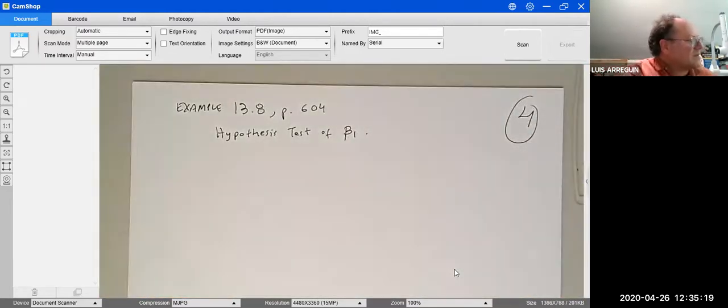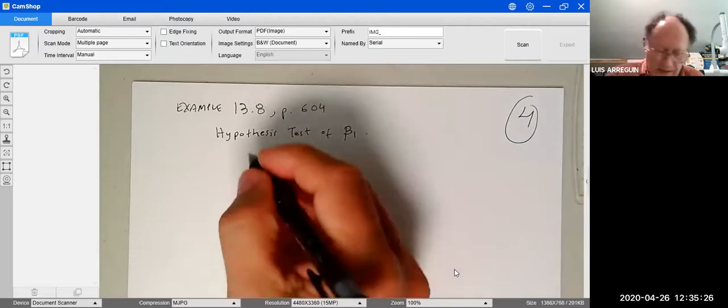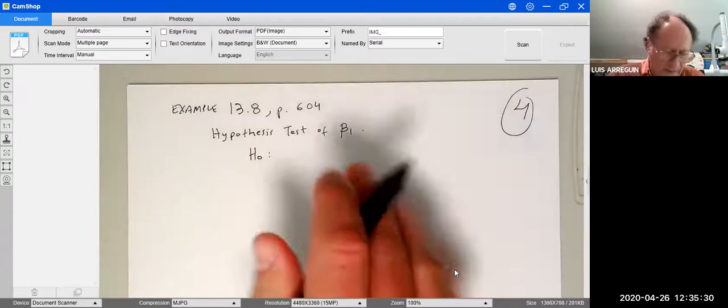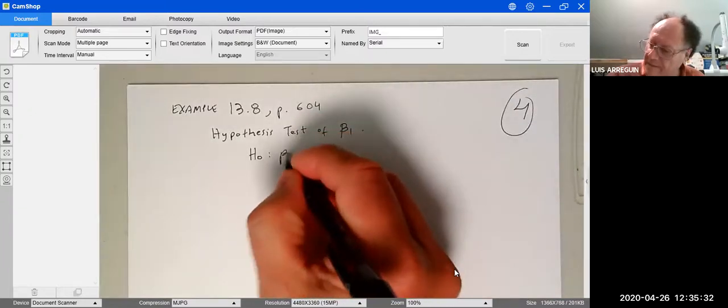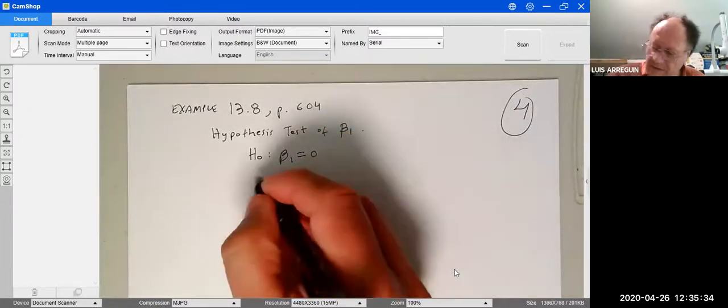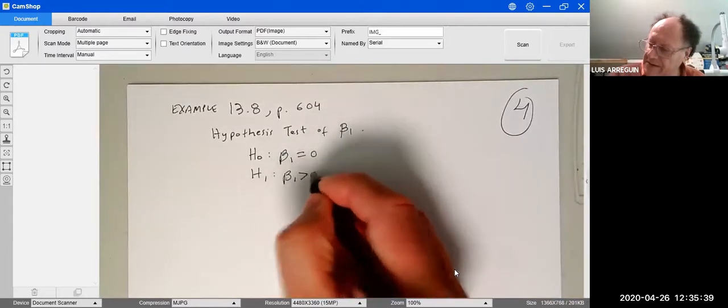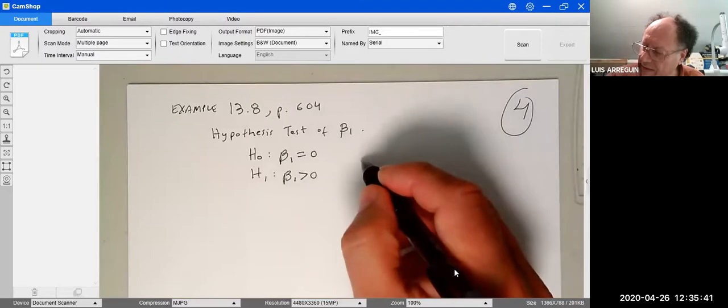So essentially we're gonna just write the null is beta 1 equals 0. The alternative is just beta 1 greater than 0, and this is equivalent.